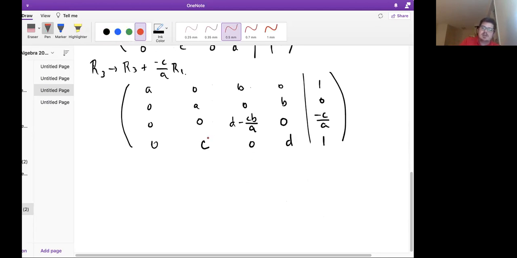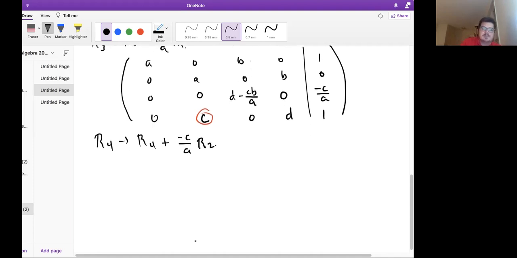All right, so now we want to get rid of this entry. So what is the operation? We're going to do row 4 plus negative C over A times row 2. Which row are we using? We're using row 2. All right, let's do it. A, 0, B, 0, 1, 0, A, 0, B, 0, 0, 0.